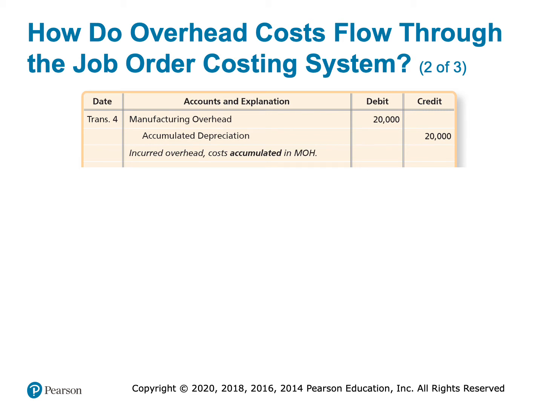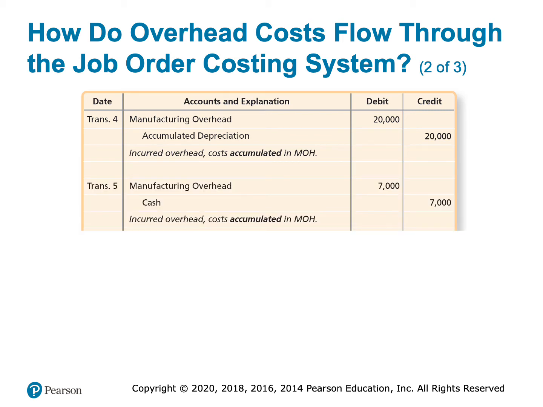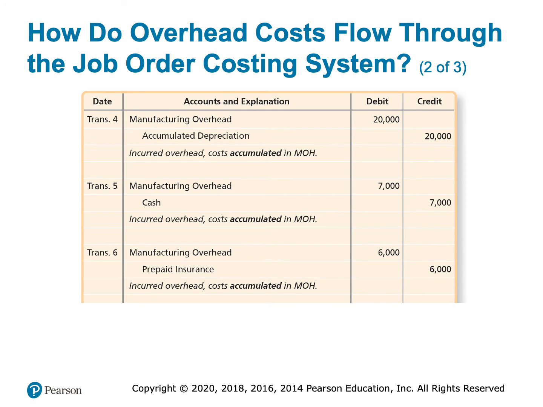So next we had the utilities, I believe it was. So we debit overhead instead of utilities expense and we credit cash. Next we had our insurance, so we're going to debit overhead and credit prepaid insurance. Remember, we learned originally that we debit insurance expense, credit prepaid insurance when the insurance expires. Now we're going to debit overhead. The last one was the property taxes.